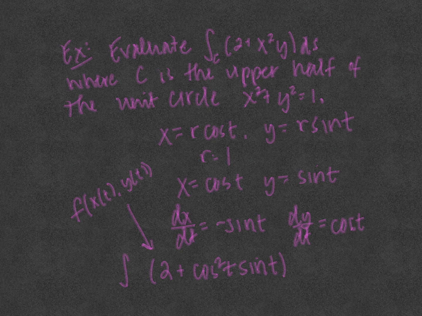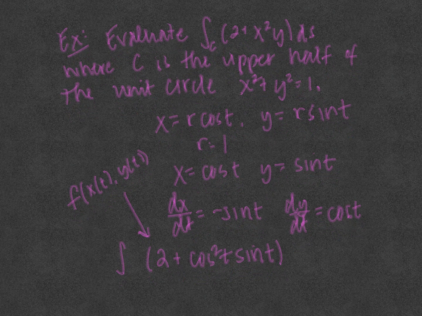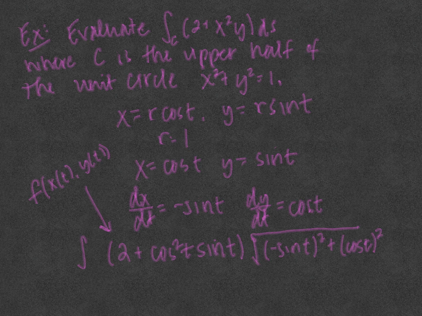We substituted the parametric equation here. And then we have the square root of negative sine t quantity squared plus cosine of t quantity squared with respect to t.